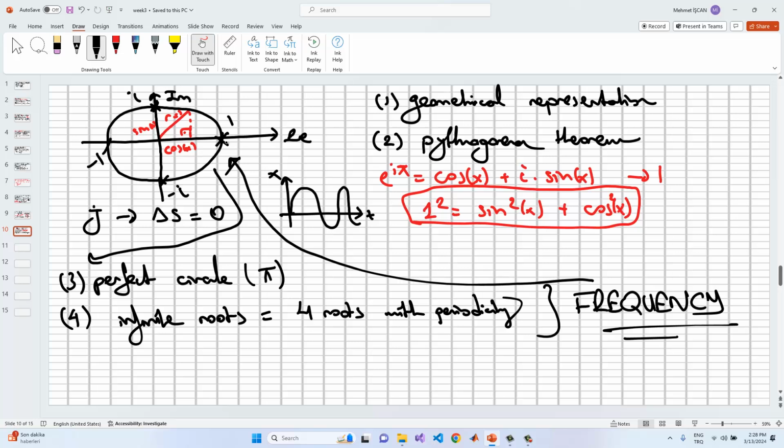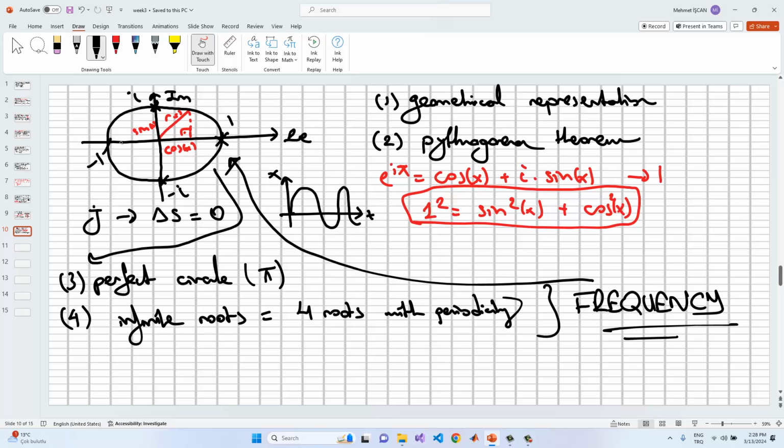And so this shape, this Euler identity shape, is the what? Is the unit circle, but unit frequency. The frequency definition is built based on this termination.